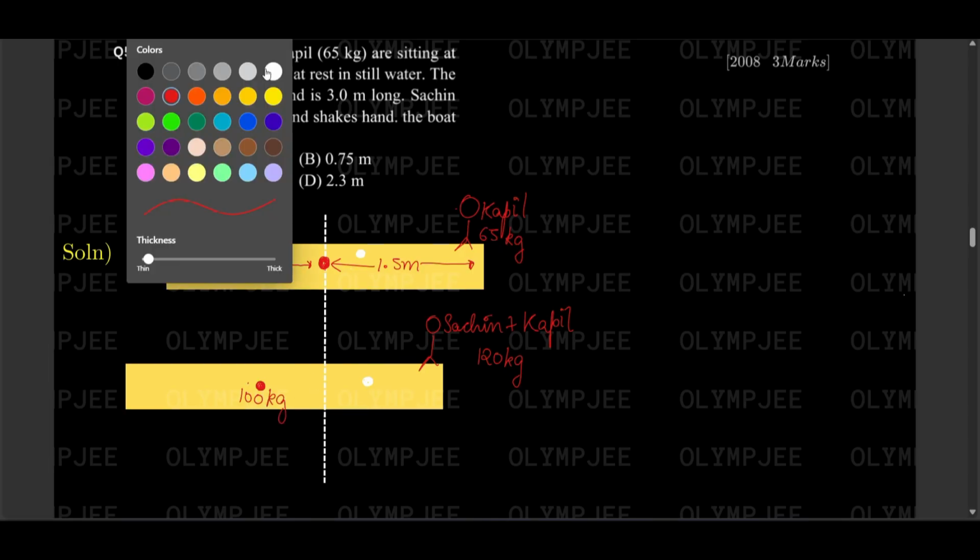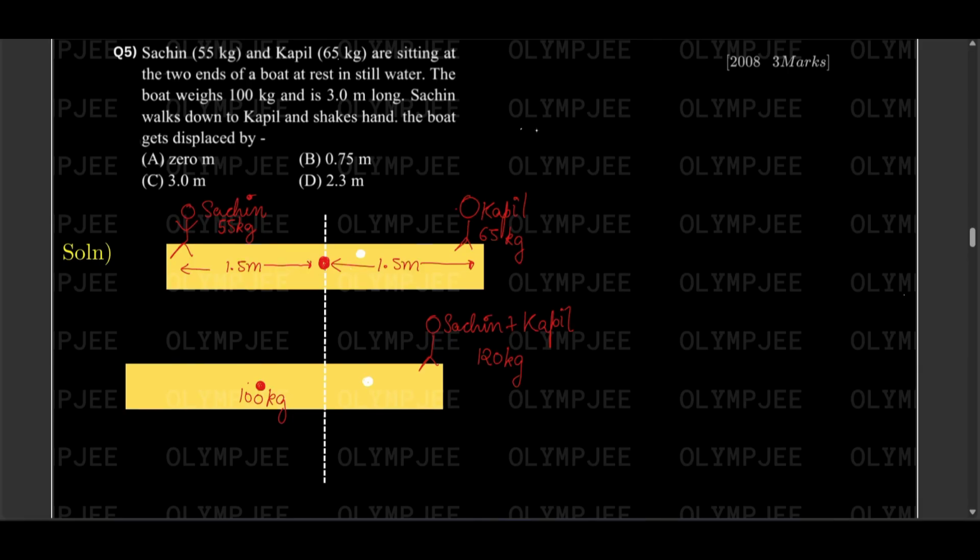So first let us find out what is the position of the center of mass in both the cases. Center of mass can be found out using this formula, 65 multiplied by 1.5. Since it is on the right side of the y-axis, this is the y-axis, I am taking this as the reference, and this is 1.5 meter to the left, divided by 65 plus 55 plus 100.